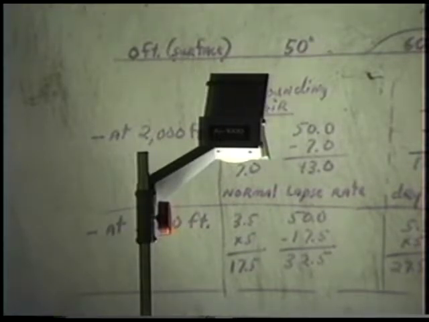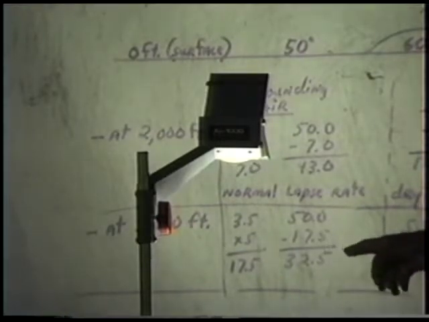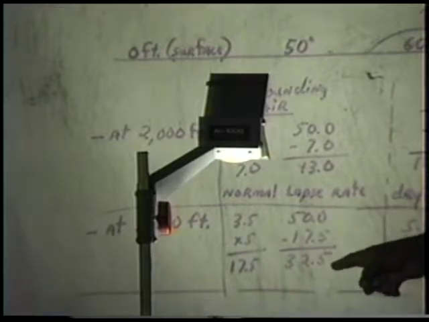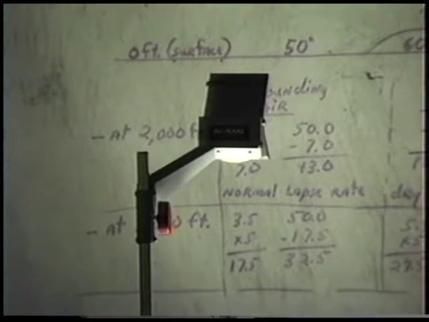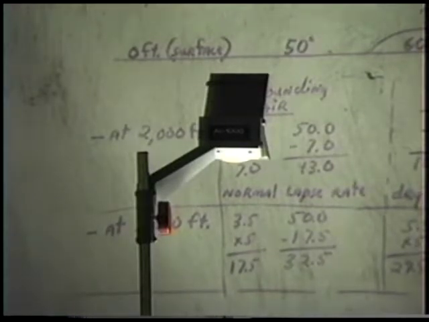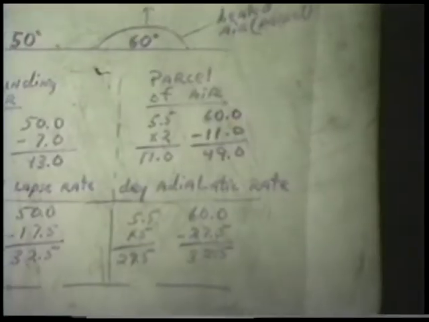So we subtract 17.5 from 50, and it gives us 32.5, which is the temperature of the surrounding air at 5,000 feet. So again, air temperature will decrease at a rate of 3.5 degrees Fahrenheit for every 1,000 feet in elevation.